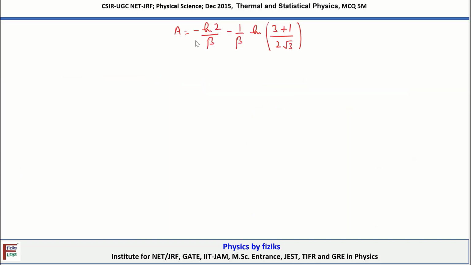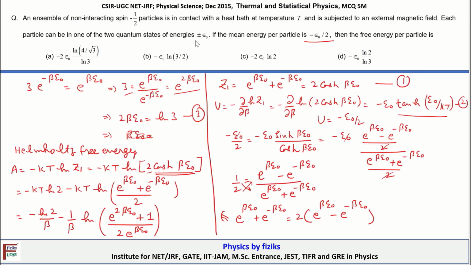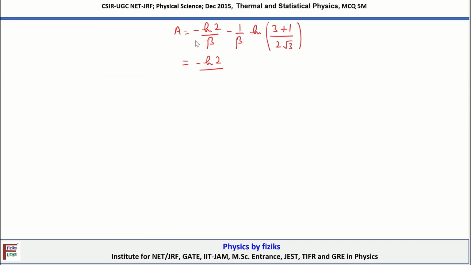So this is further equal to minus ln 2. Now we are substituting the value of β from equation 3. So β is equal to ln 3 divided by 2E0. That's what we are doing in this next step.